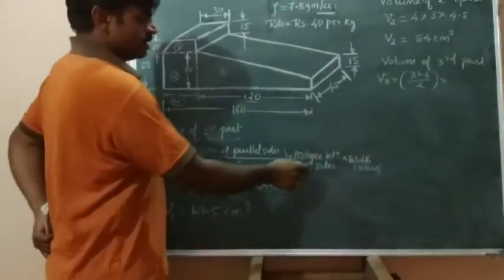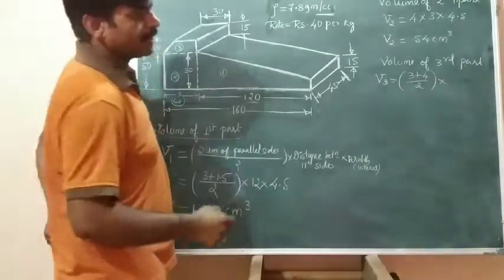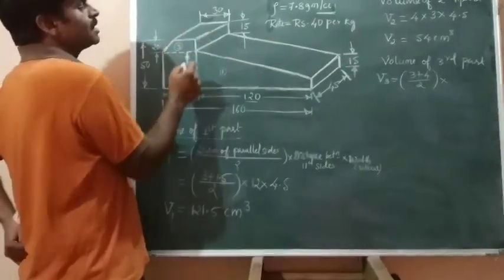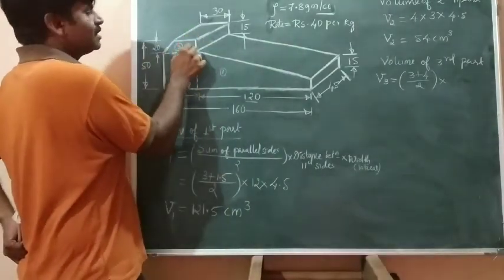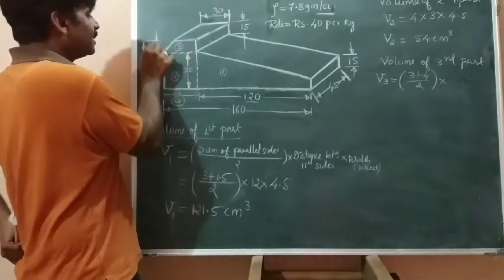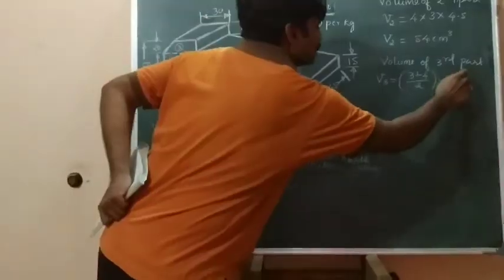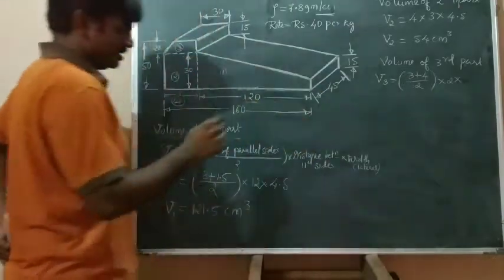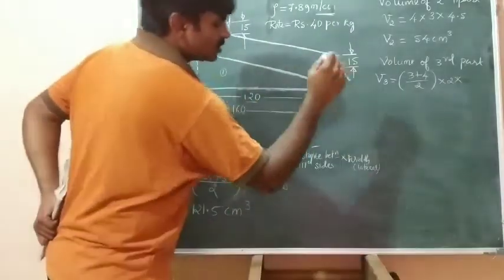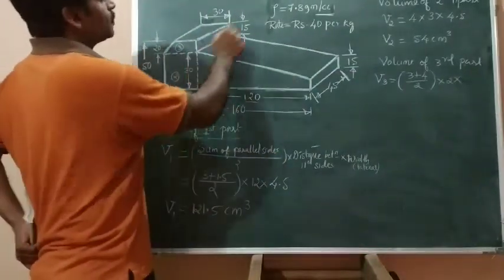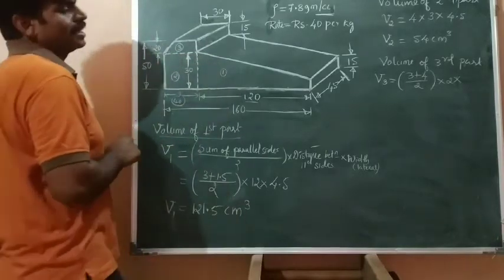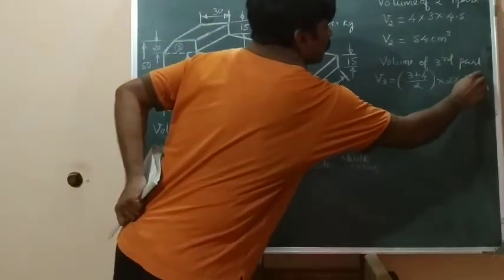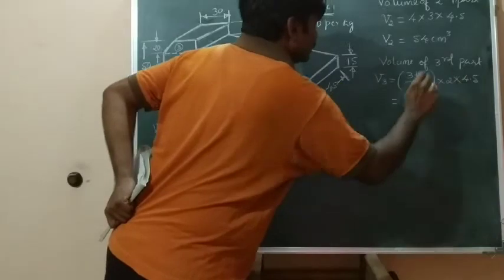Into, what is the next term? The distance between the parallel sides. These two are the parallel sides. What is the distance between them? That is 20, so in terms of centimeter, 2 centimeter. Then the lateral width, once again 45 mm, that is 4.5 centimeter.